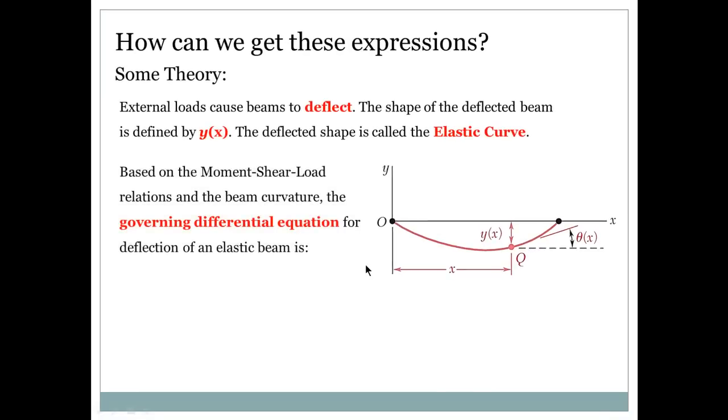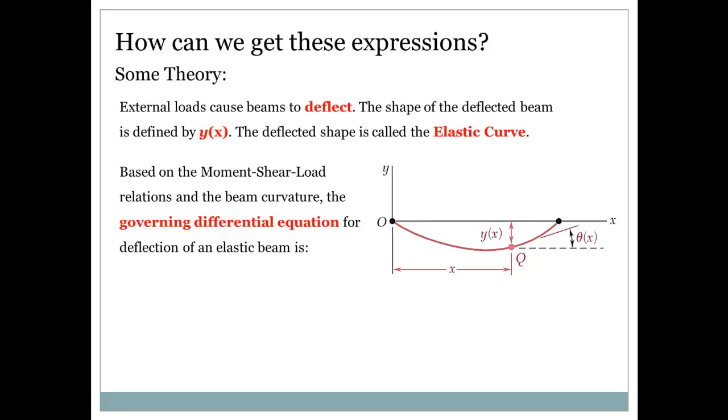Let's see. Based on the moment-shear-load relations and the beam curvature, the governing differential equation for deflection of an elastic beam is, and again, you can get this from your mechanics of materials book or structural analysis book. I don't want to go through a lot of theory here on how to derive it.